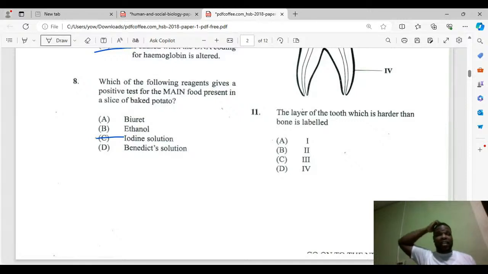A positive result will become cloudy, foggy white. For fat you test using ethanol, and you can use a brown paper bag, like a patty bag. We see the oil mark through the patty bag, so we know that fat is present.